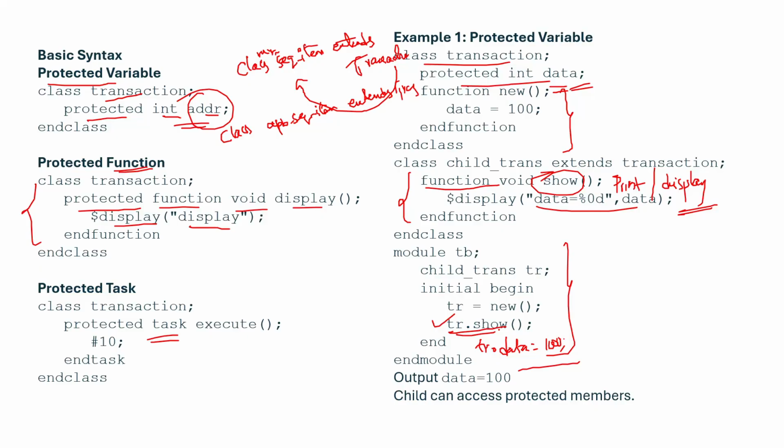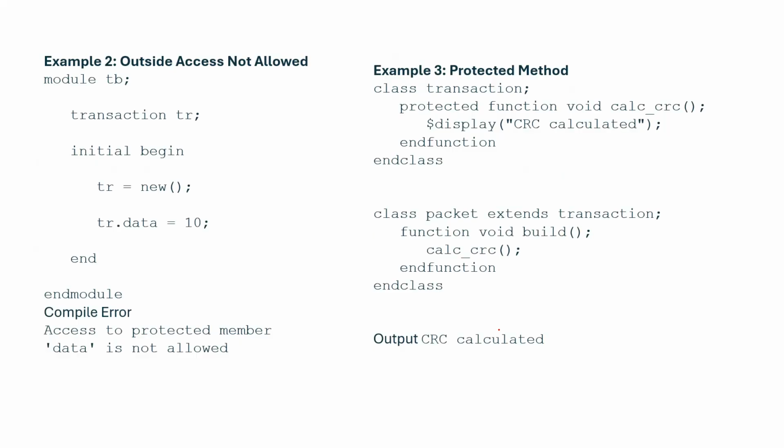So this is a protected variable. Similarly, a protected method I can also access. I told you, outside access is not allowed. How are you assigning? See, previously I told you transaction dot data equal to some value, I have assigned data 100, okay, 1000.